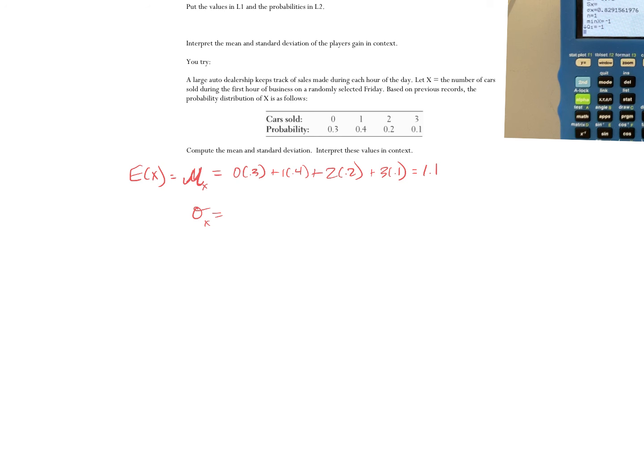Okay. And the work you're going to show me for the standard deviation is going to be 0 minus 1.1, the quantity squared times 0.3, plus 1 minus 1.1 squared times 0.4, plus... You don't have to write it all out, just 3 terms.